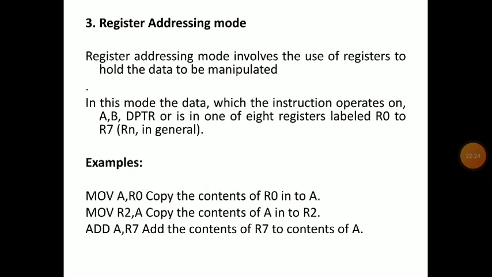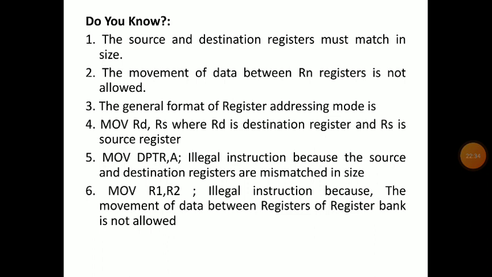So we should use only A, B, DPTR and R0 to R7 on one side. That is, if you use an R register in the source, in the destination we cannot use an R register.